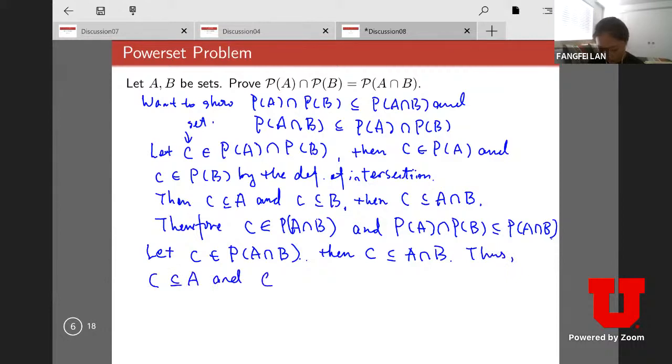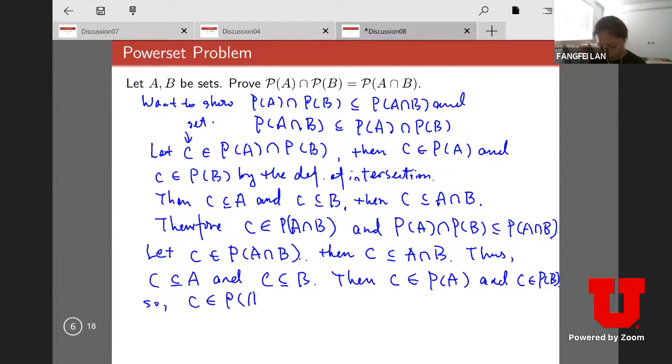And C is a subset of B. Then C is an element in the power set of A, and C is an element in the power set of B. So C is an element of the power set of A intersect with the power set of B, by the definition of intersection.